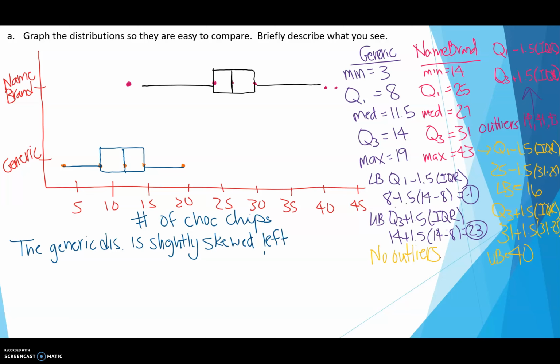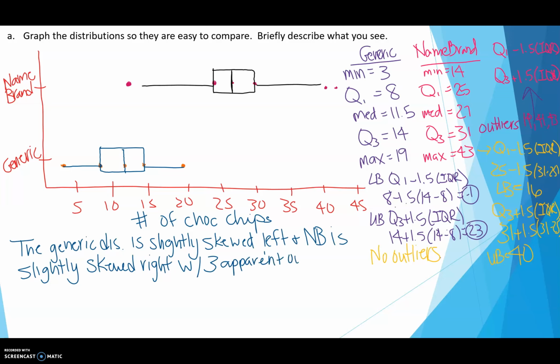Okay, I mean, it's slight. It's certainly not, that median is certainly not exactly in the middle. So I'm going to say it's slightly skewed on the left. The name brand, I'm abbreviating NB, is slightly skewed on the right. Okay, so these are just very, very slightly skewed. And then I would also say with 3 apparent, because we plotted them that way, 3 apparent outliers.